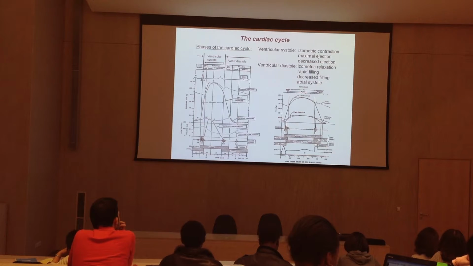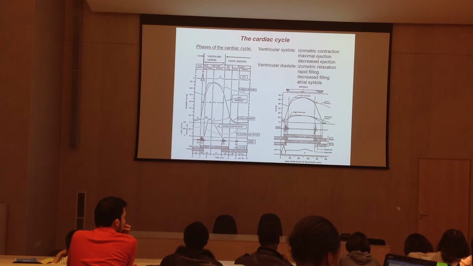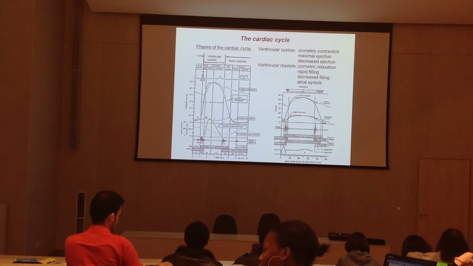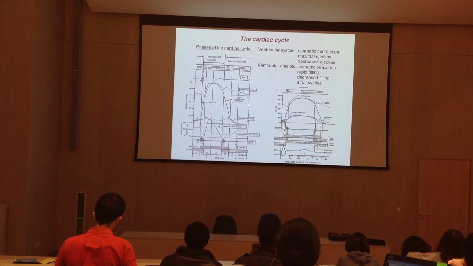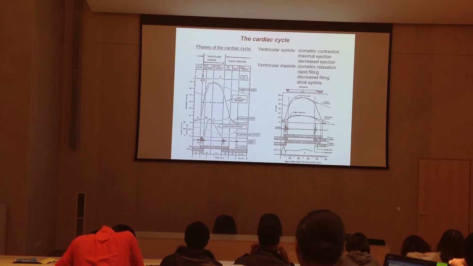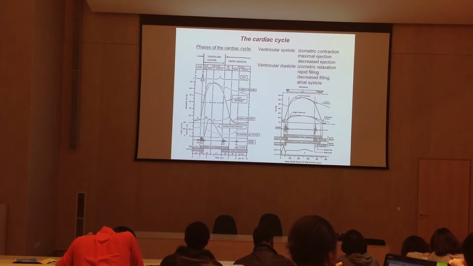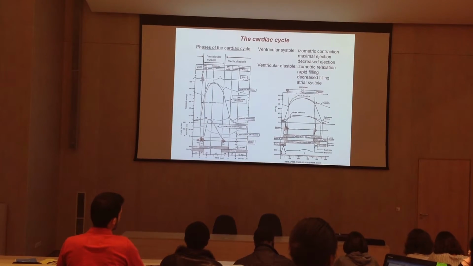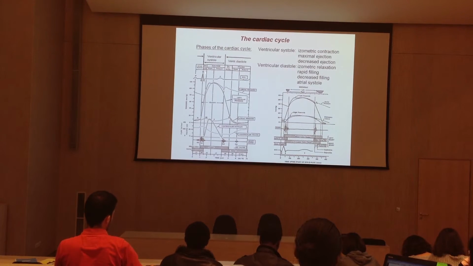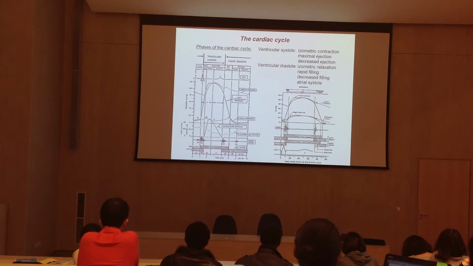The cardiac cycle contains 2 large periods. It's very important. The first large period is the ventricular systole, which starts with the R wave, where the ventricular muscle fibers are stimulated and contracted, and will last until the systole is finished and the diastole starts.